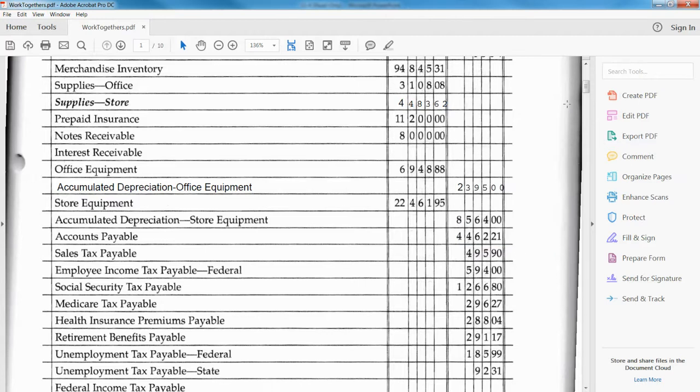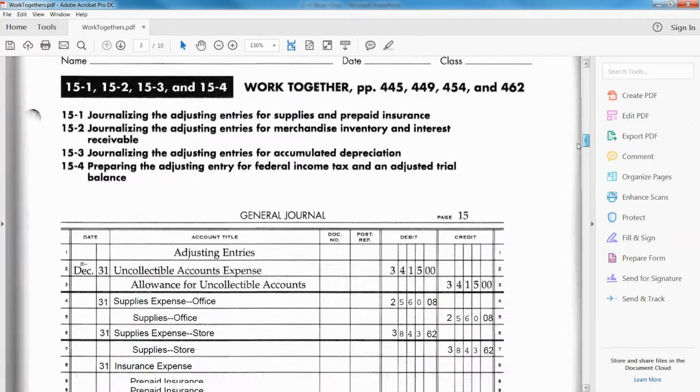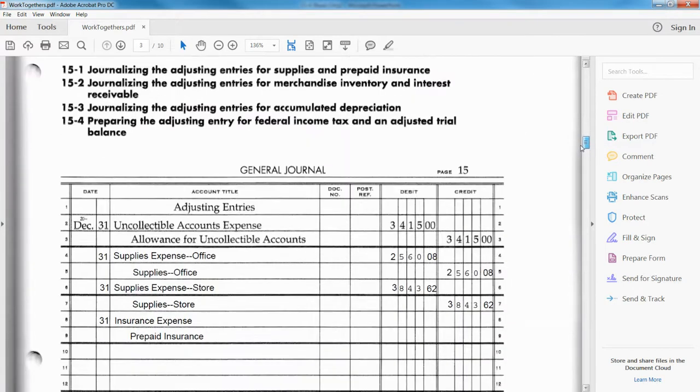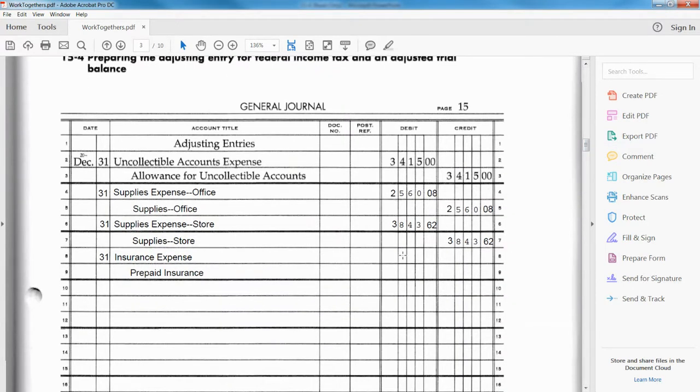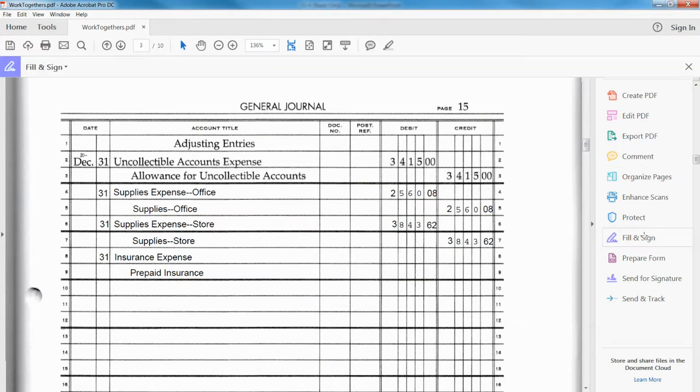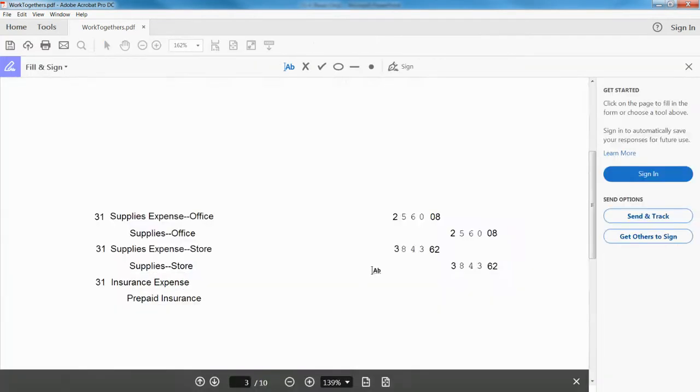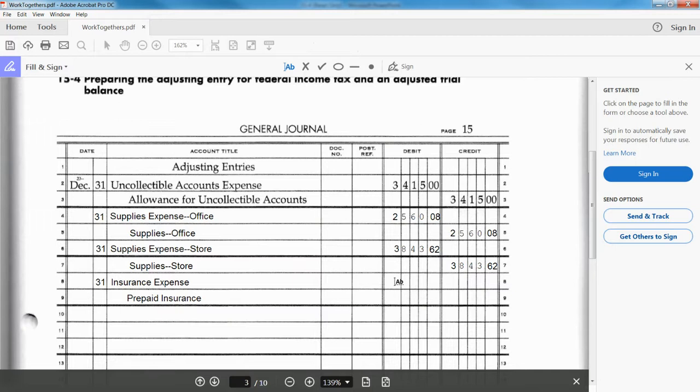So now we need to go back to our journal, and we are going to debit insurance expense for $9,600 and no cents.